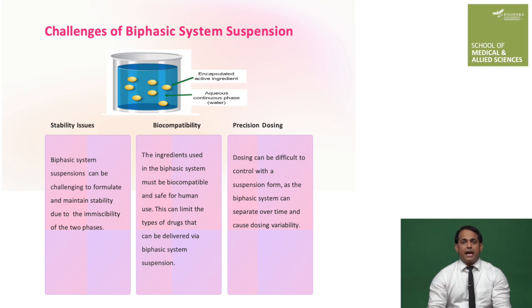This can limit the types of drug that can be delivered by biphasic system suspension. A uniform and accurate dose cannot be achieved unless suspensions are packed in a unit dosage form. Another stability issue is sedimentation, which may create problems. It is bulky, therefore enough care must be taken during handling and transportation of the suspension.